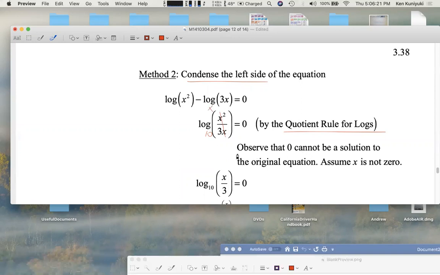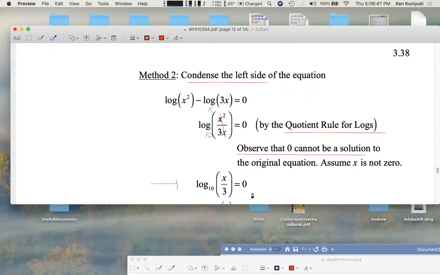Because I made the observation early on that x cannot be 0, I can do a clean division. x squared divided by x always equals x, as long as x is not 0, which I note here.